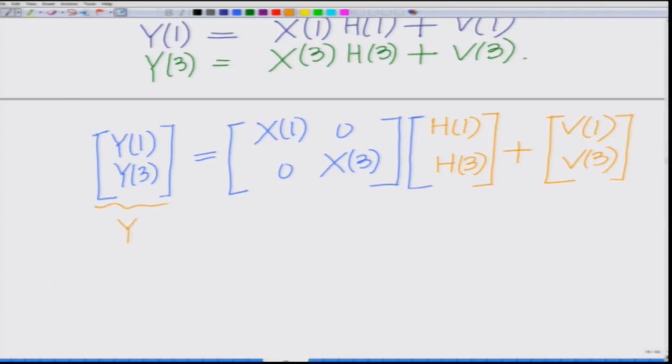And remember, this we call Y check, this we call X check, this we call the vector H check, this we call the vector V check.